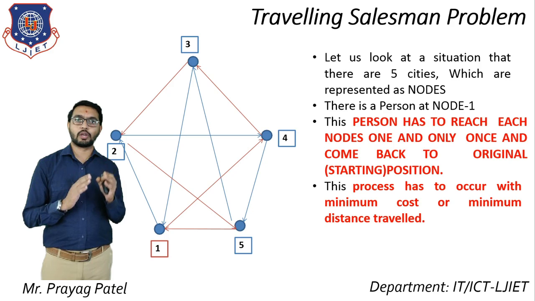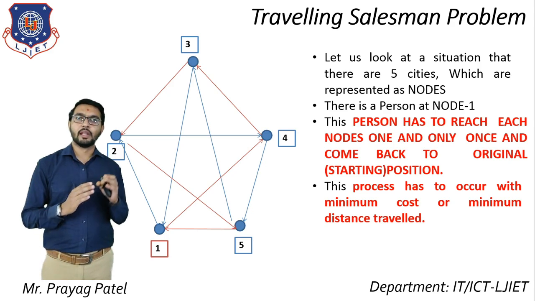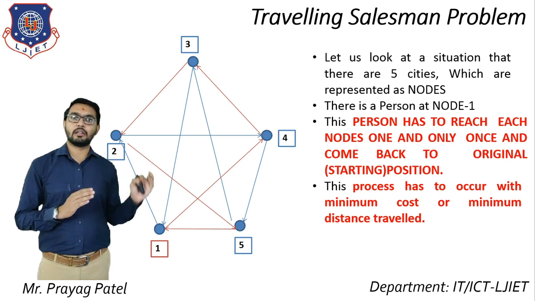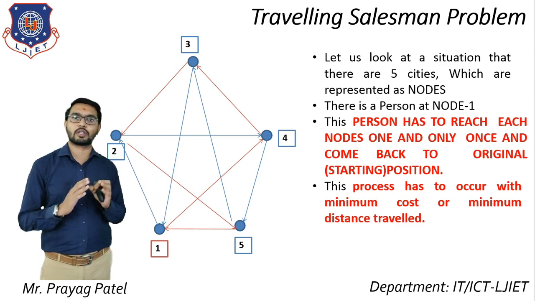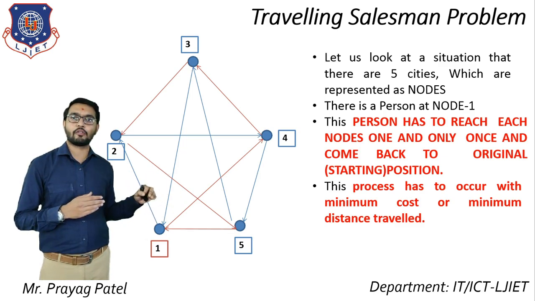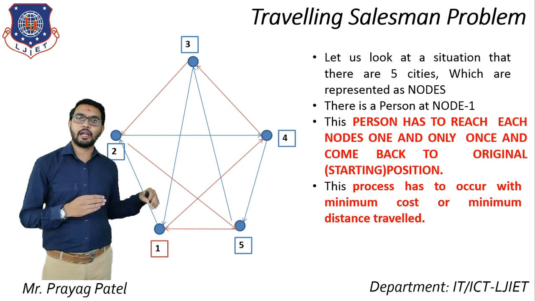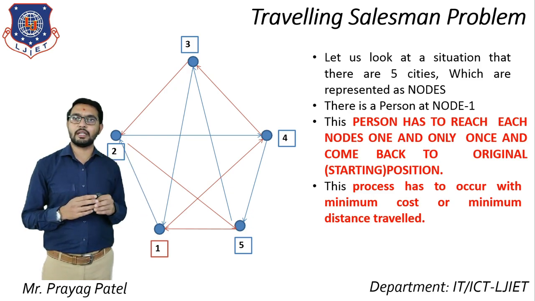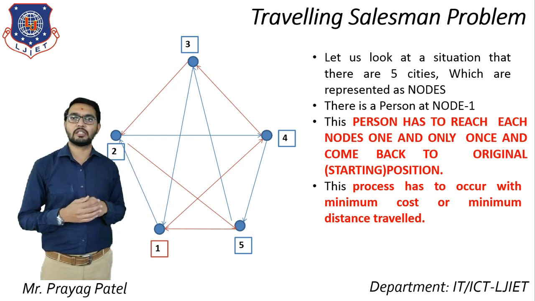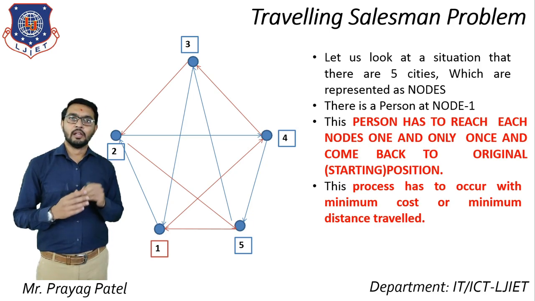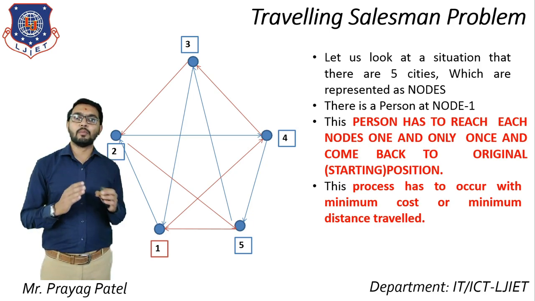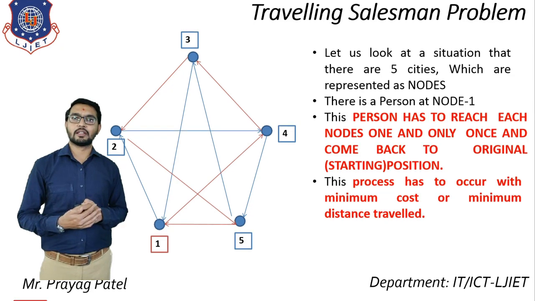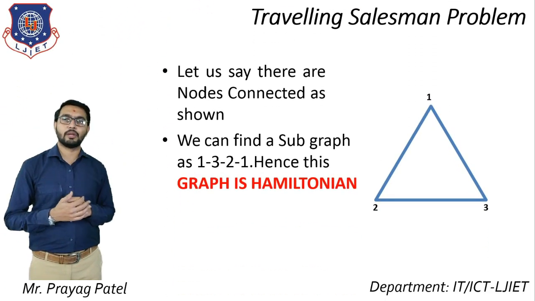The person has to reach each node one and only once, and then come back to the final state, which is the original starting state. So start visiting from node 1, move through all the nodes or cities, and come back to your initial node, node number 1. This process has to occur with the minimum cost or minimum distance traveled. So this is the traveling salesman problem.